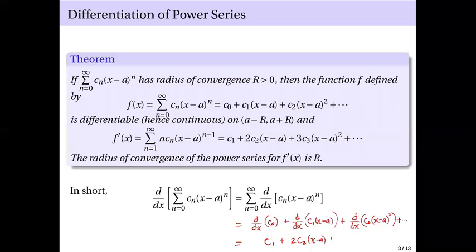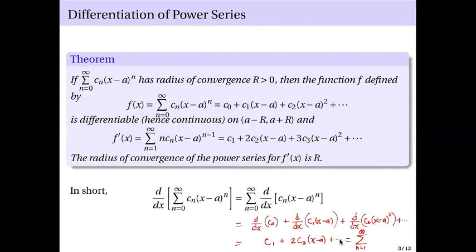If you continue, you can rewrite this as a sum, where now n starts from 1 up to plus infinity. When n equals 2, you have 2c2 (x minus a) raised to 1.